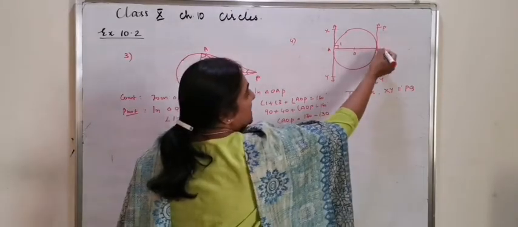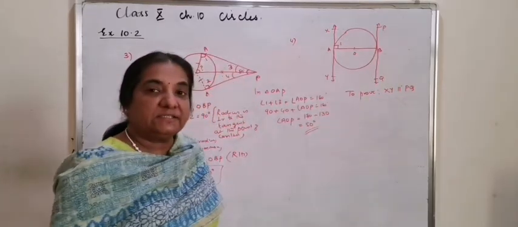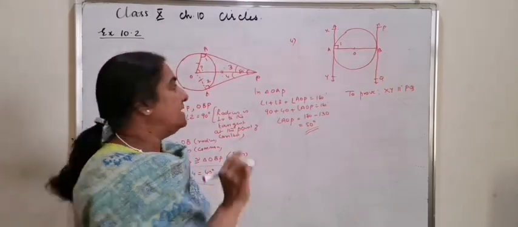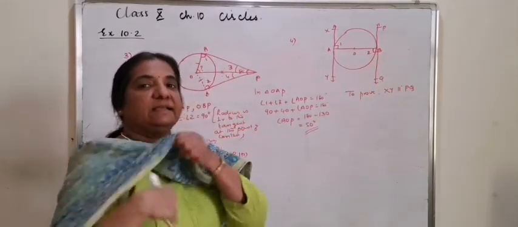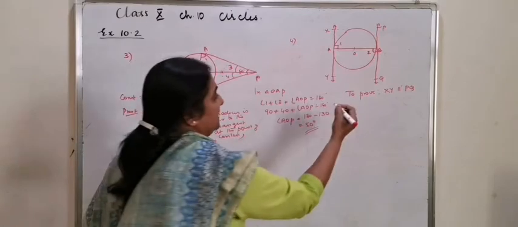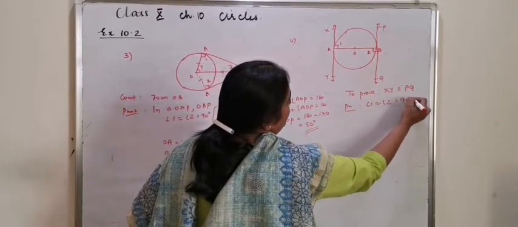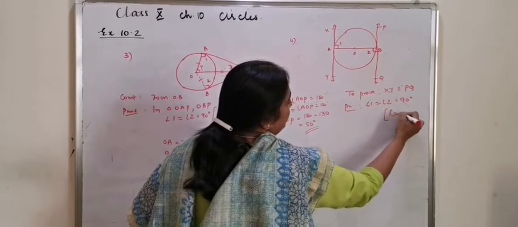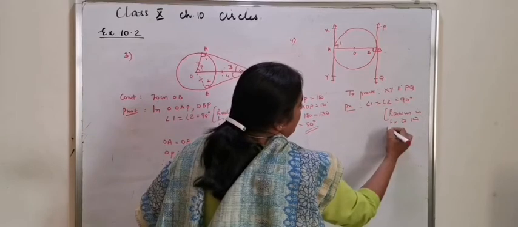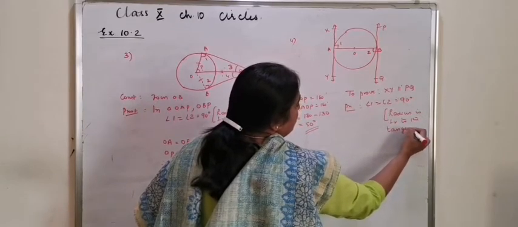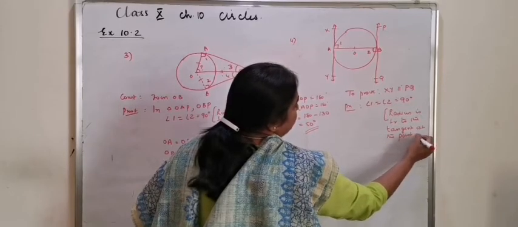Similarly, OB is the radius and PBQ is a tangent at the point B. Therefore, angle 2 is also 90 degrees by the same theorem. Proof: angle 1 is equal to angle 2 is equal to 90 degrees. Radius is perpendicular to the tangent at the point of contact.